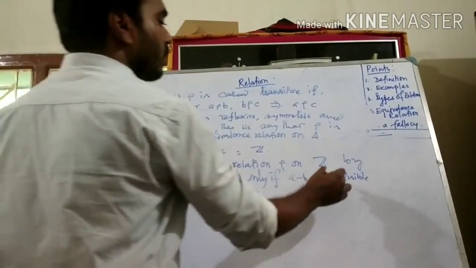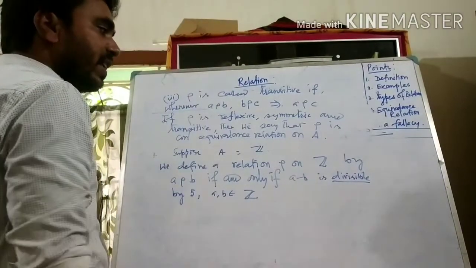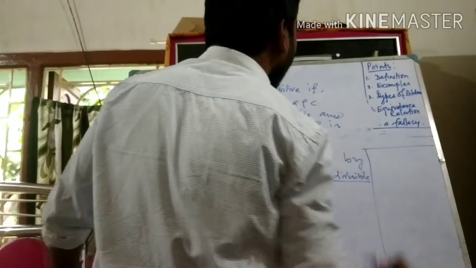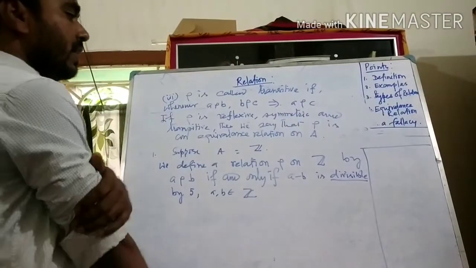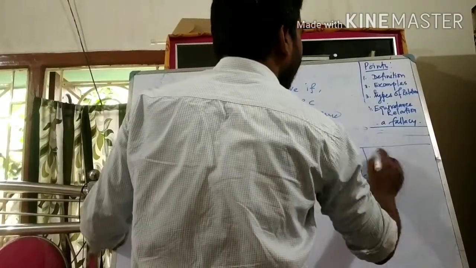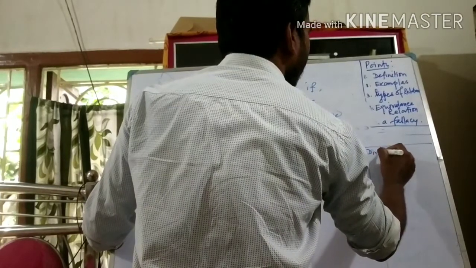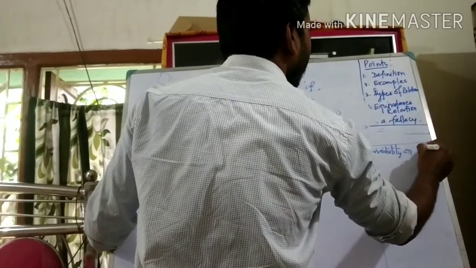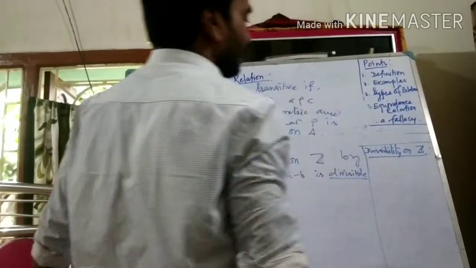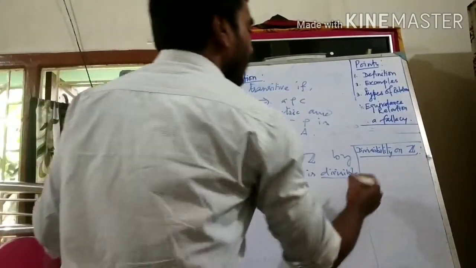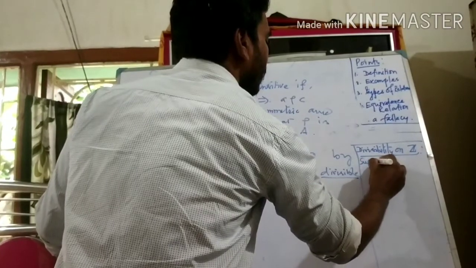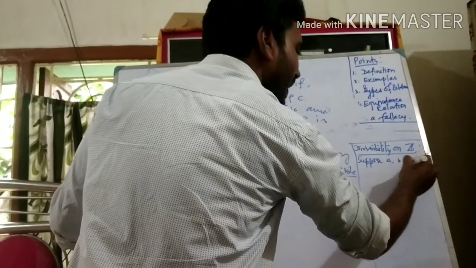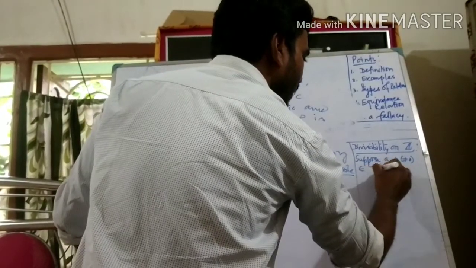So here comes a new definition called divisibility. What is the definition of divisibility on the set of all integers? Divisibility on Z. Suppose A, B are two elements in Z, with B non-zero.